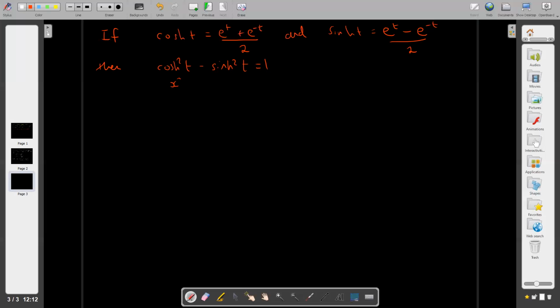In other words, x squared minus y squared equals 1, which was the hyperbola.